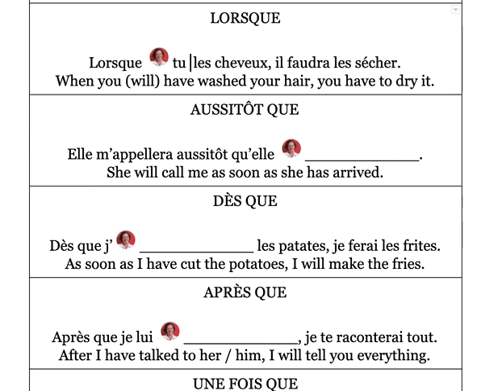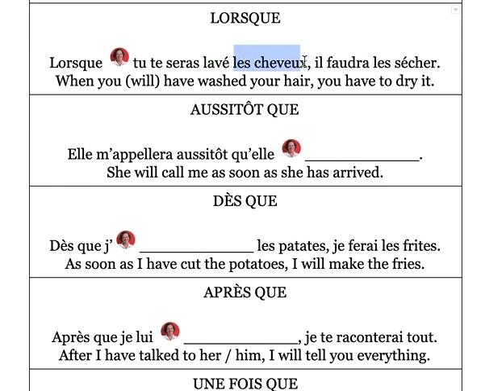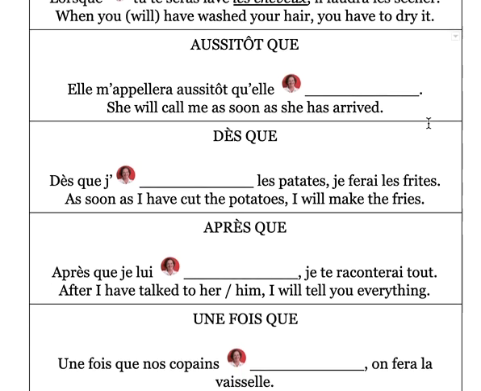Lorsque tu, don't forget it's reflexive, te. And so that means we have to use être. Lorsque tu te seras lavé les cheveux, il faudra les sécher. D'accord? Again, faudra, it's the verb falloir in the futur simple. I did not make agreement on laver because of that body part rule. You might want to write that in, body part rule, that I mentioned earlier.